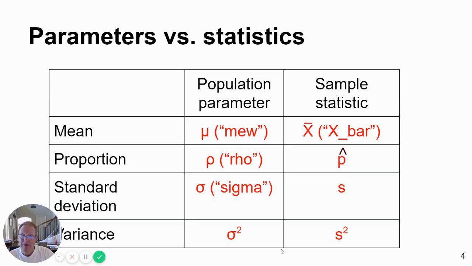And for that, if we're talking about a population, we're going to talk about rho, that is the proportion of the population. And if it's a sample, we're going to talk about p hat. The standard deviation of a population is the Greek letter sigma. And for the sample statistic, the standard deviation is s, the letter s. For variance of the population, we're going to use sigma squared. And for variance of a sample, we're going to use s squared.